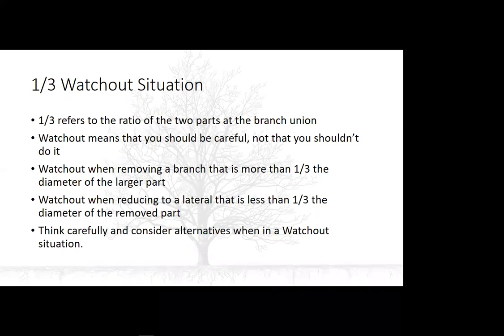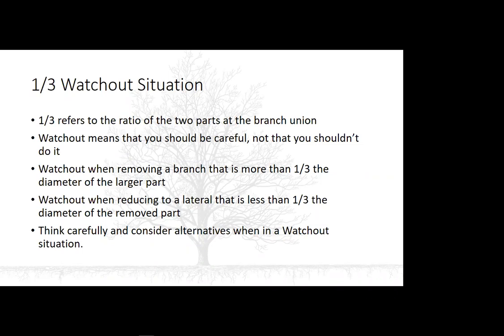I know in the book it says when you do the removal cuts, you should be reducing to a lateral that is more than 1/3 the diameter of the removed part. Again, that is a demarcation point. That is a suggestion.